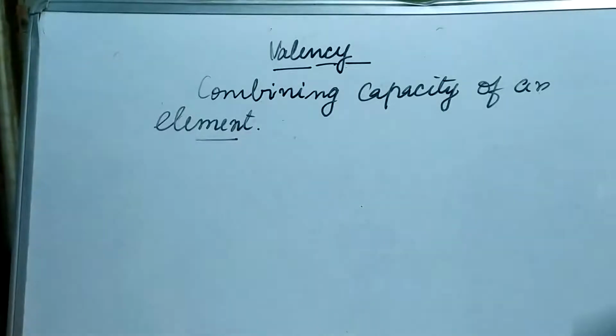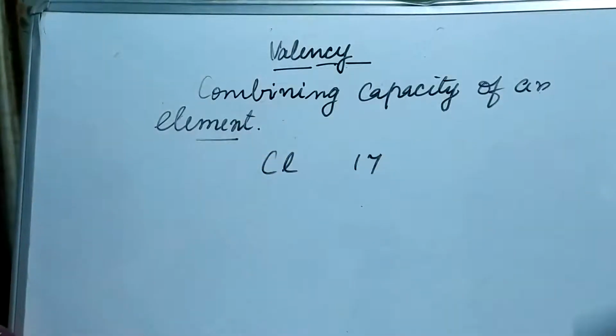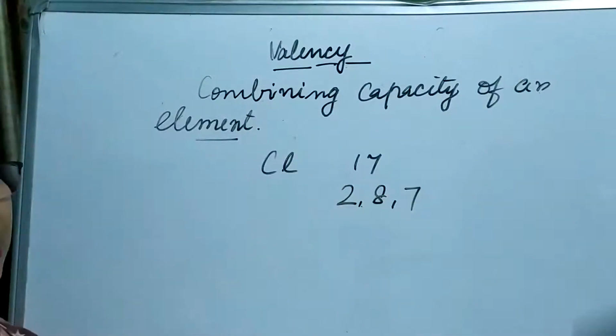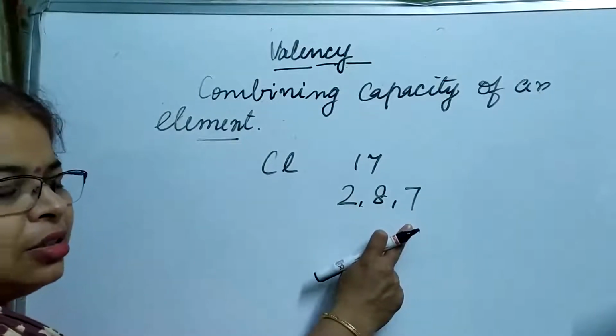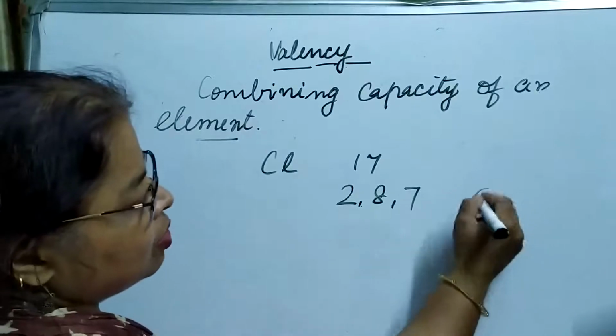Just like chlorine. Atomic number is 17. Configuration is 2, 8, 7. How many electrons does it require to complete the octet? It requires 1 electron.